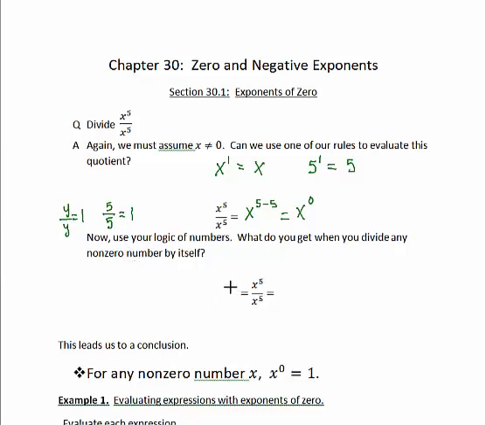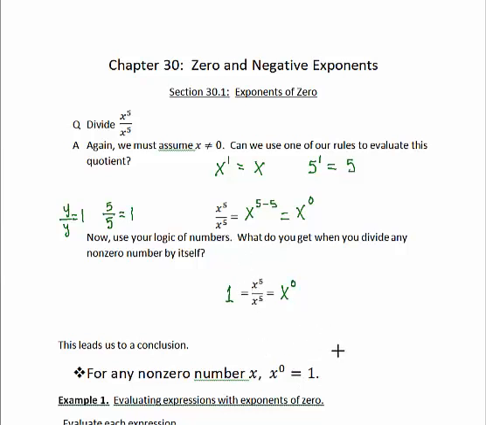If we expect to get 1 when we divide something by itself, then in the case of variables with exponents, once we apply the quotient rule we get x to the 0, and so these two should be equal. x to the 0 should be equal to 1. That leads to the rule that any non-zero number raised to the 0 power gives 1, because it simply comes from taking something, anything, and dividing it by itself.